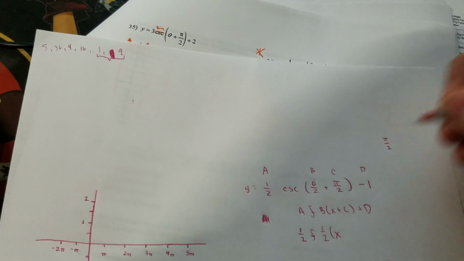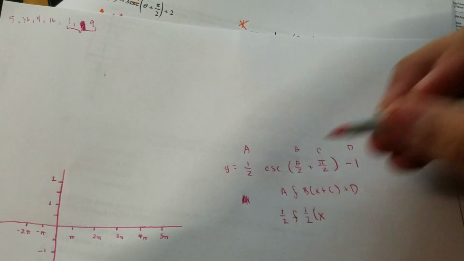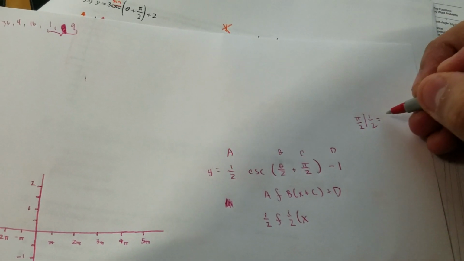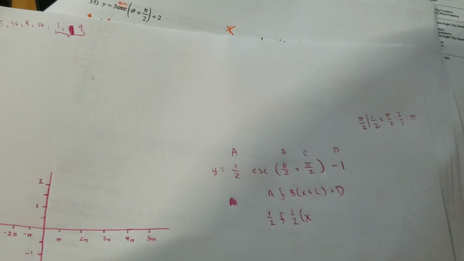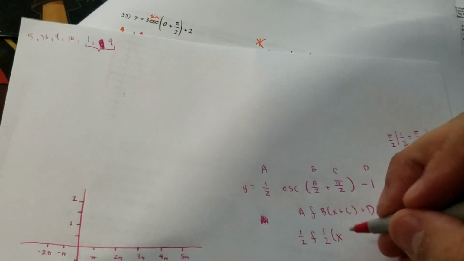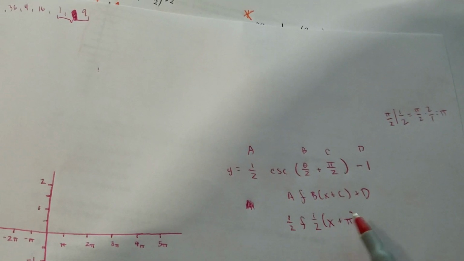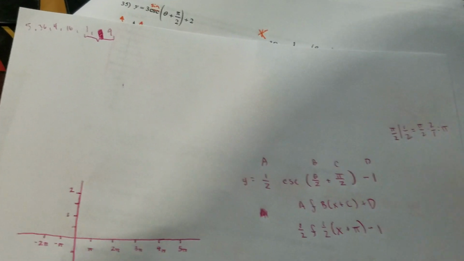So I'm going to take pi divided by 2 and divide it by 1/2. Okay, so this becomes theta over 2 times 2 over 1, which is equal to pi. So my C value is pi, because again, when I redistribute this, 1/2 times pi is equal to pi over 2. Okay, and minus 1.